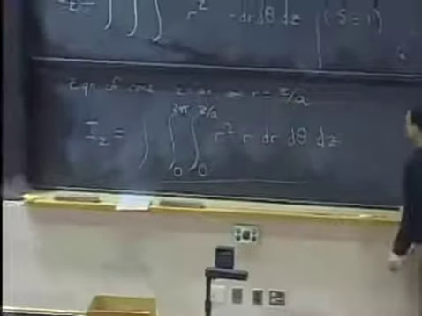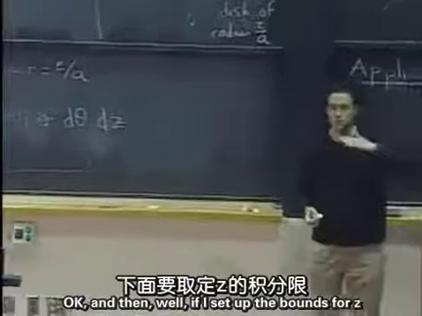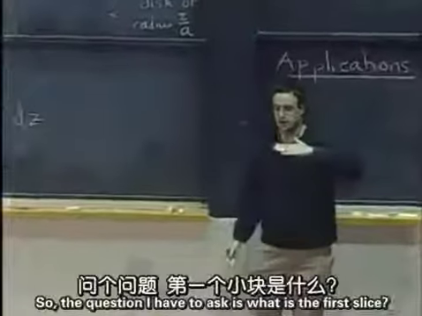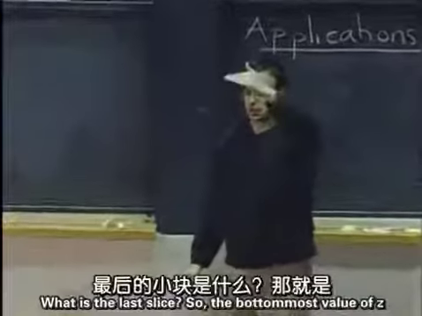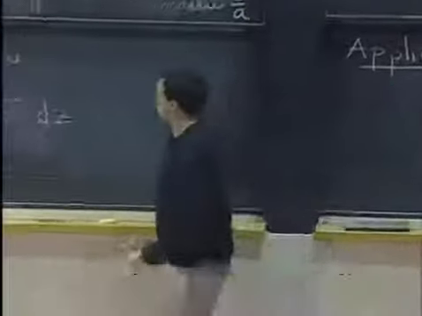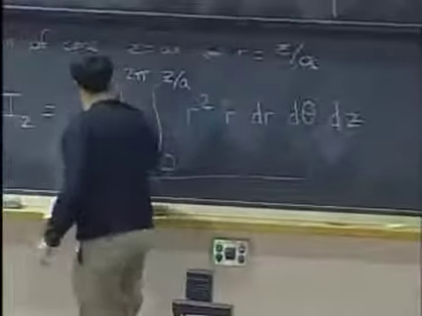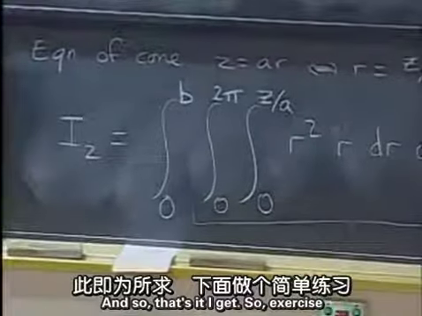And then if I set up bounds for z, it's my outer variable. So the question I have to ask is, what is the first slice, what is the last slice? The bottommost value of z would be 0, and the topmost would be b. And so that's what I get. Okay?